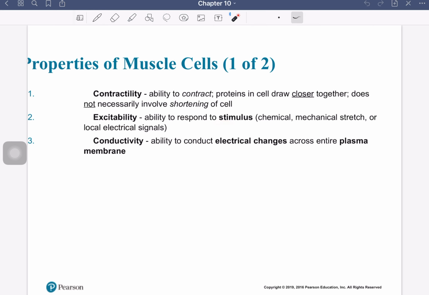So that's either chemical, mechanical stretch, or a local electrical signal. And conductivity, they are able to conduct electrical charges across their plasma membrane. Once we get into the electrophysiology of muscles, like skeletal muscle, you really see there's a lot of comparisons between how their membranes will allow electrical charge to sweep over it with what we saw in neurons and action potentials.